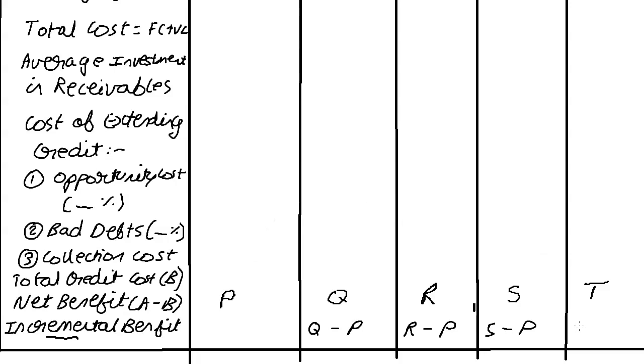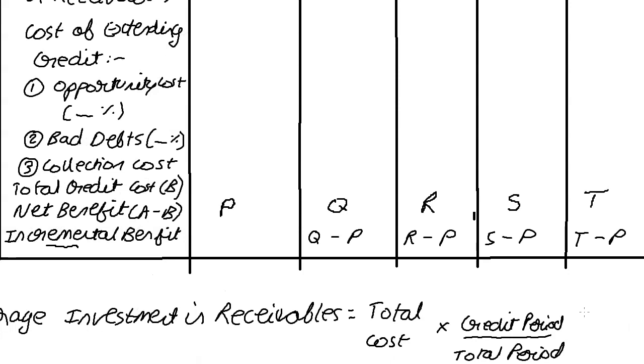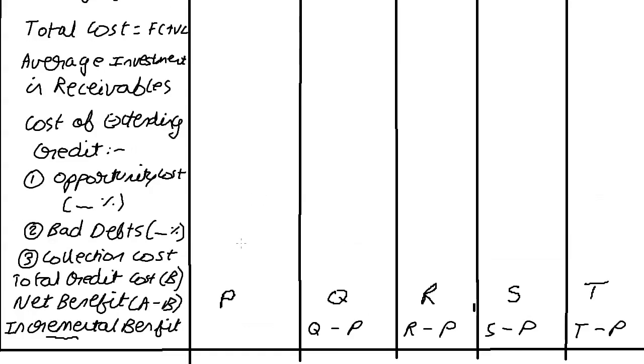Okay, so P minus P. And which one will you take? Whichever is the highest. Now, you will take whichever is highest, but if all of them are negative, then you will simply stick with the original existing policy.